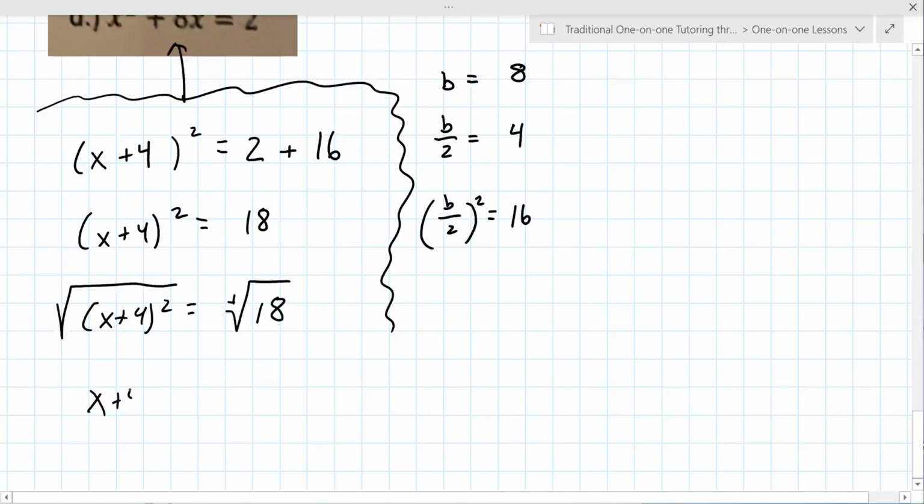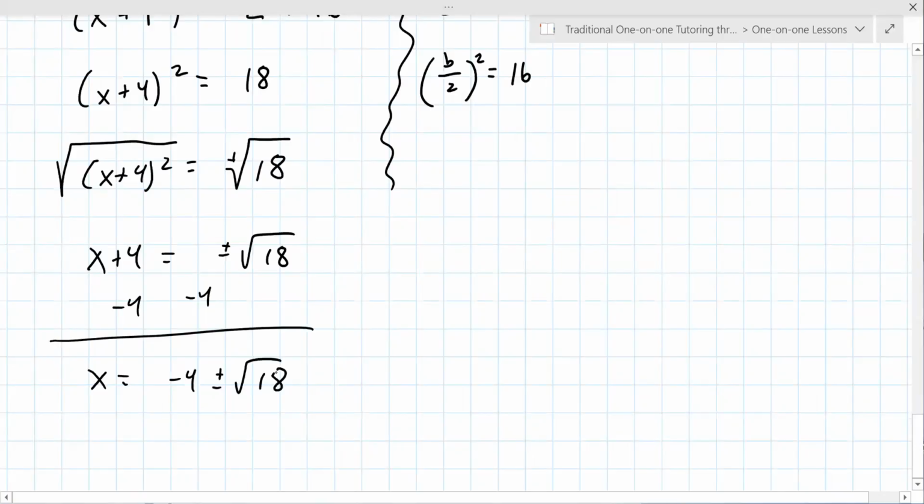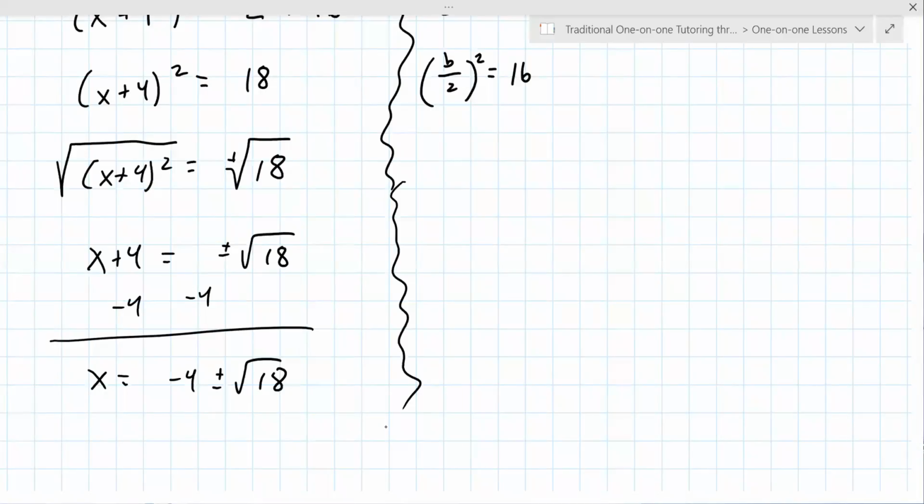Okay, x plus 4 equals plus or minus the square root of 18. Subtract 4 from both sides. And this is your final answer. So go ahead and get this all copied down. Let me know when you're done. Okay, got it down. Great.